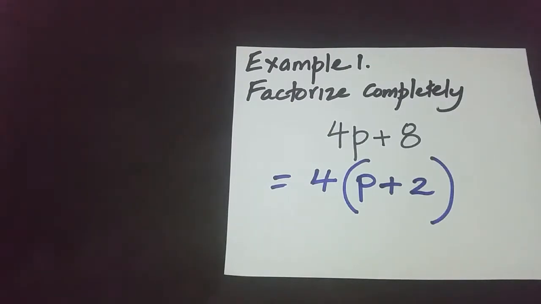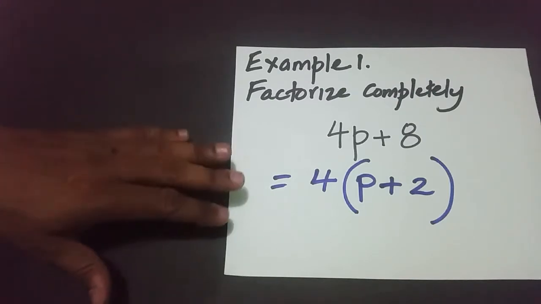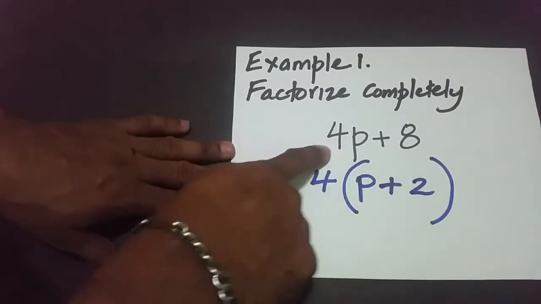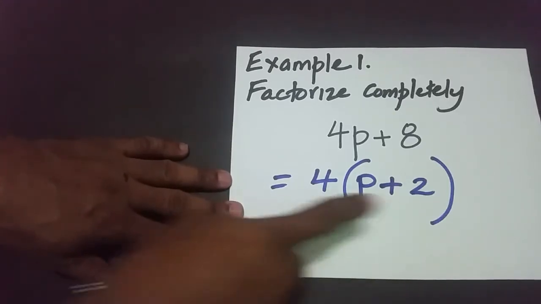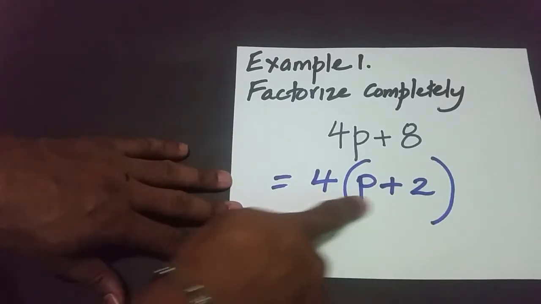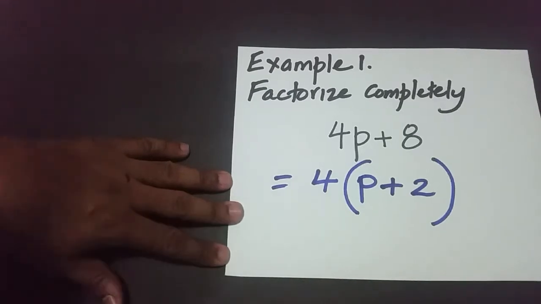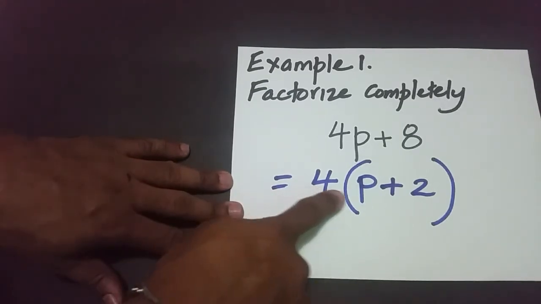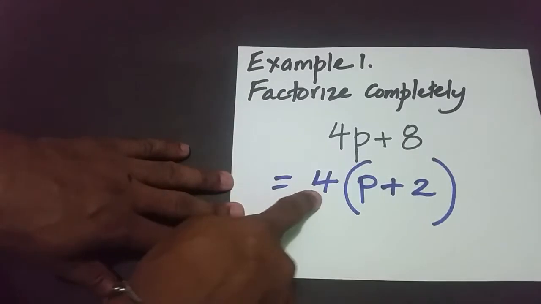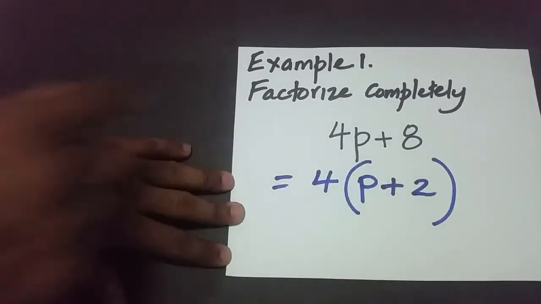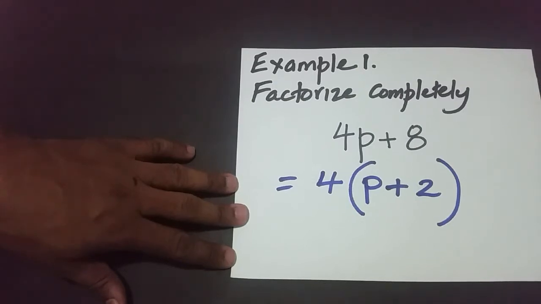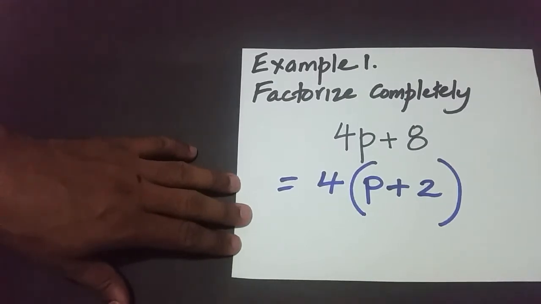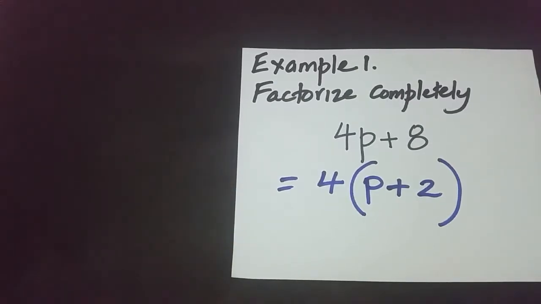Now, the reason why I said that factorization is the reverse or opposite of expansion is that after I factorize the expression 4p plus 8 and got this as a final answer, to check in your head if your final answer is correct, then you do the expansion in your head. So 4 times p gives me back 4p, and 4 times positive 2 gives me back positive 8, which is why we said that factorization is the reverse of expansion.